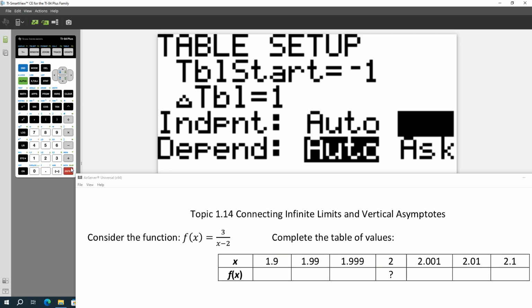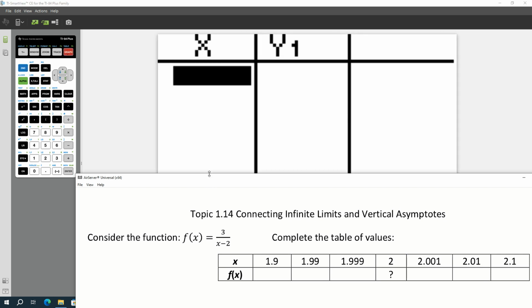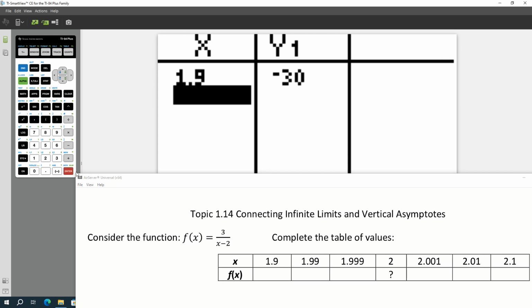You're going to have to tell it which ones you want. All right, and then we're going to go to the table, and then just plug in these values. So you guys fill in that table for me, please.